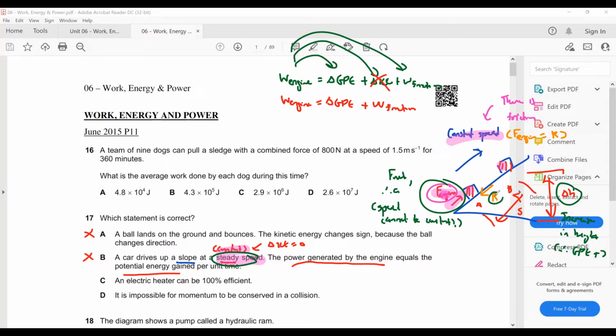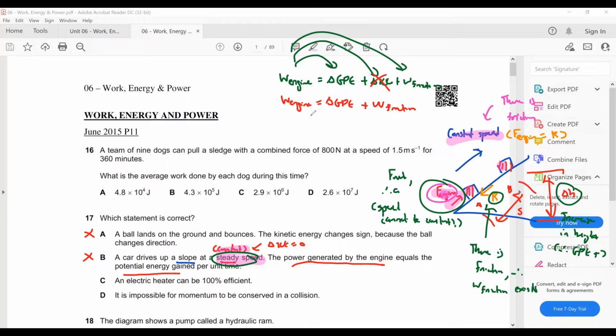Why is there work done against friction? Because there is friction, therefore work done against friction exists. So I have these two terms.